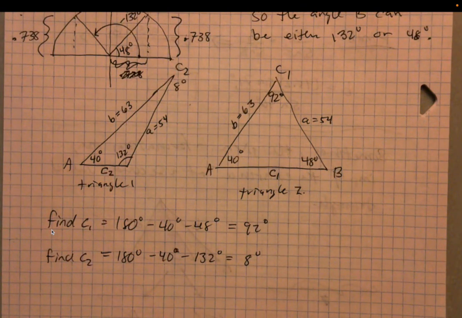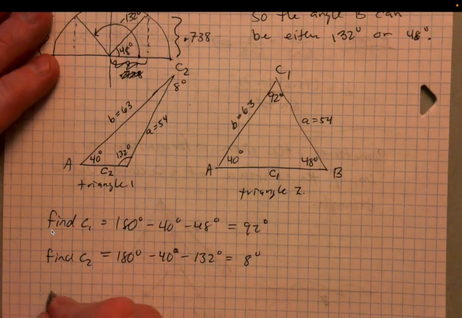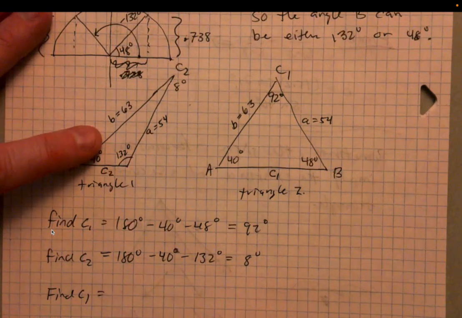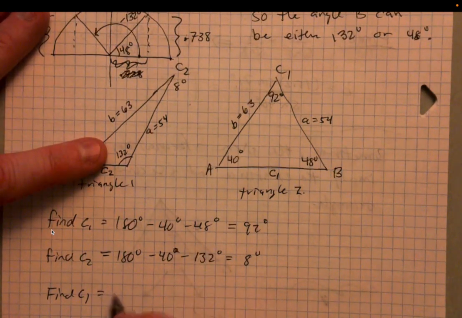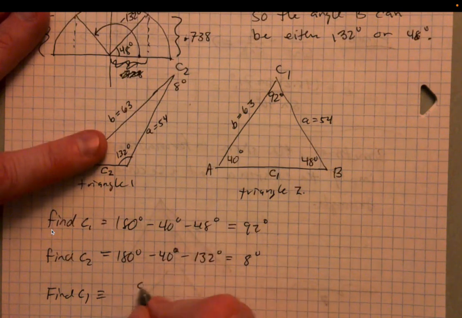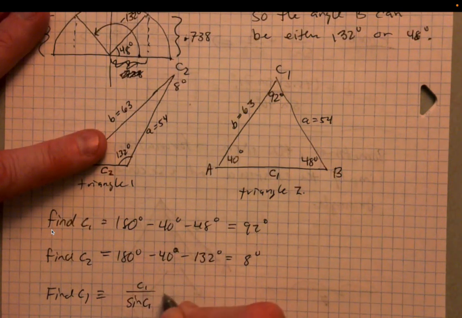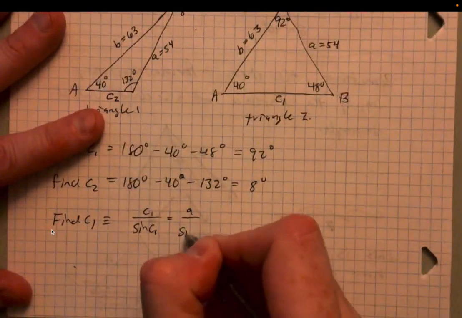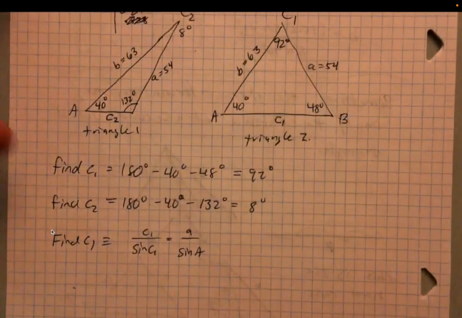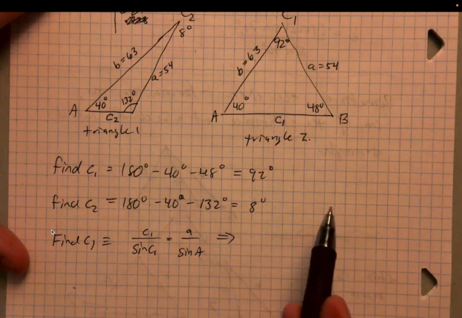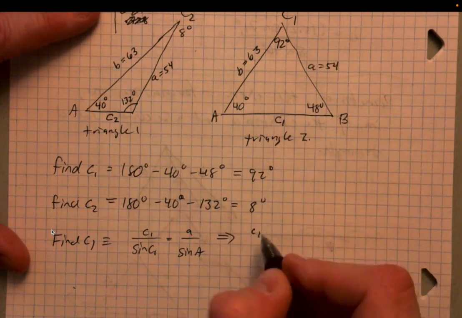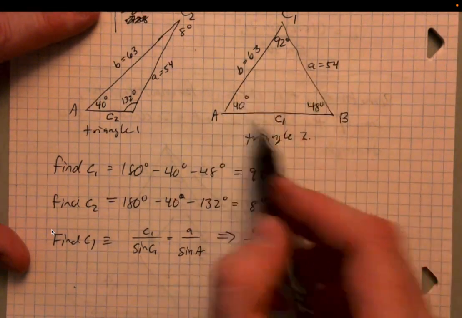Now what I don't have yet is the sides c1 and c2. Let's find big C1. I'm going to use the law of sines here. So c1 over sine of C1 equals a over the sine of A. I can just plug those quantities in, referencing this triangle here.